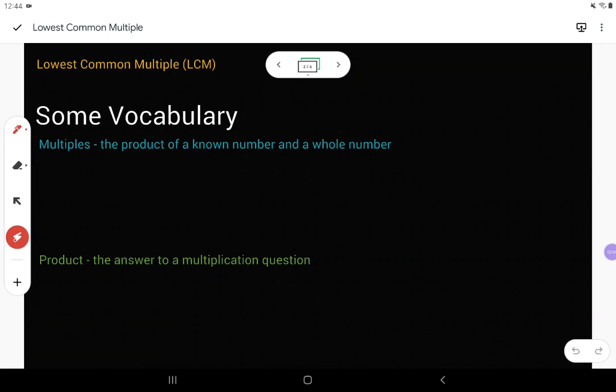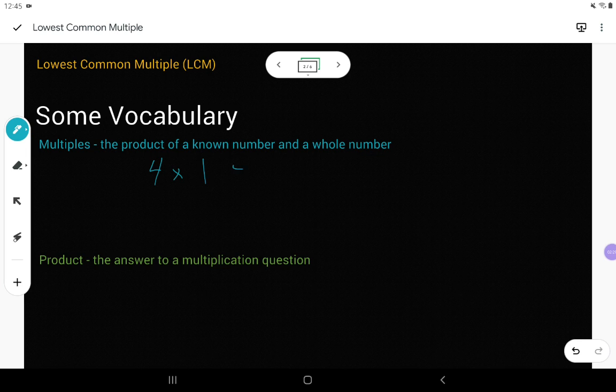Just some vocabulary that I'm going to hit you with. So multiples. A multiple is the product of a known number and a whole number. Let's say the multiples I want to look at are multiples of 4. If I start off with 4, I'm going to multiply 4 by 1.